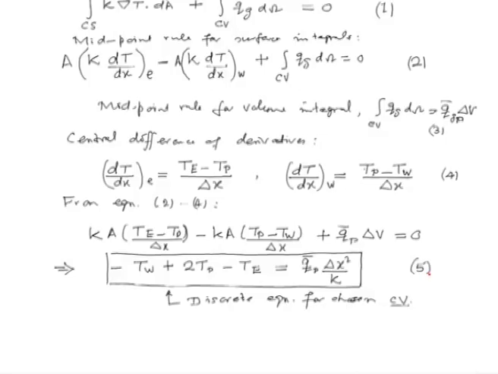This equation has to be modified a bit. Let us first account for one particular case where our source term is temperature dependent. So, suppose that the heat generation term is linearly dependent on temperature.